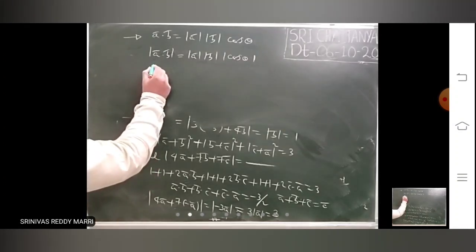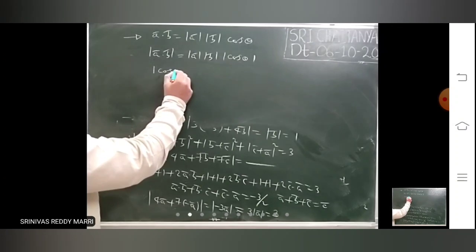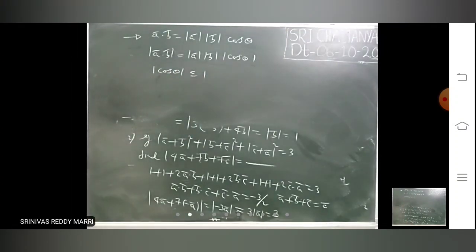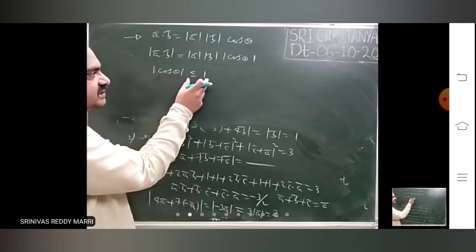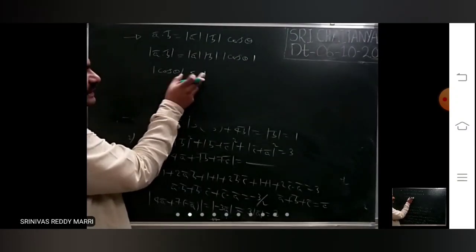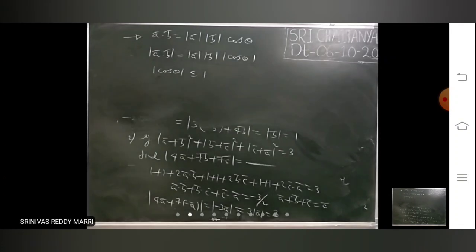Now you know that modulus cos theta will always be less than or equal to 1. Modulus cos theta maximum value is 1.